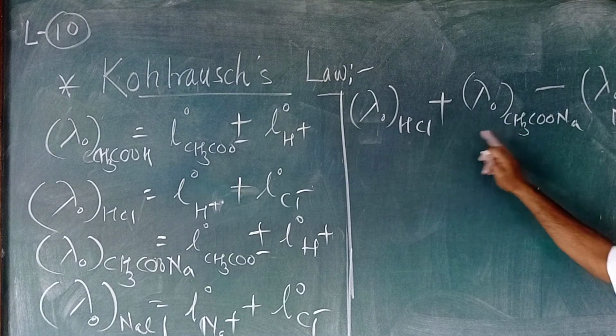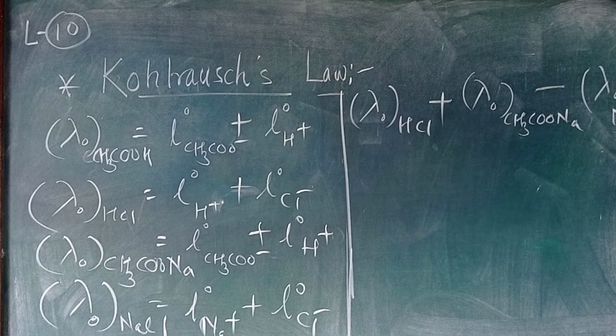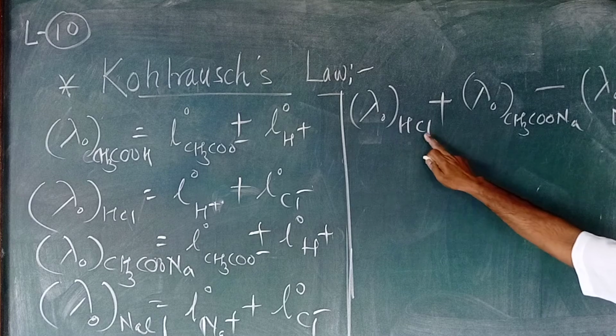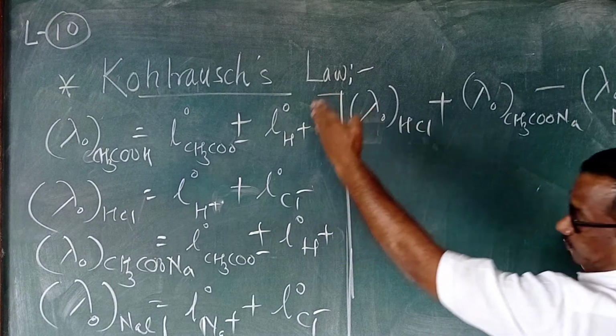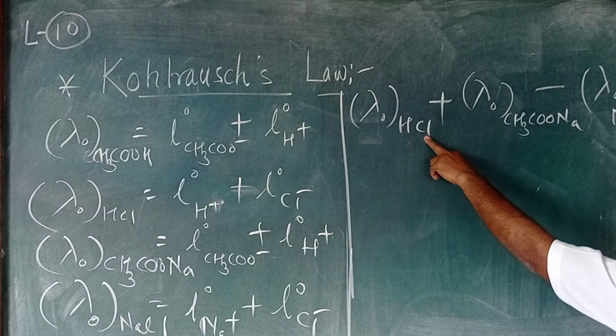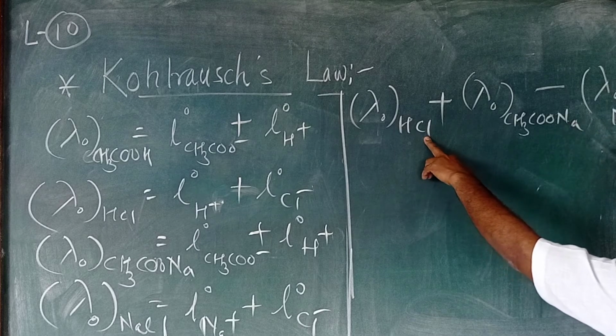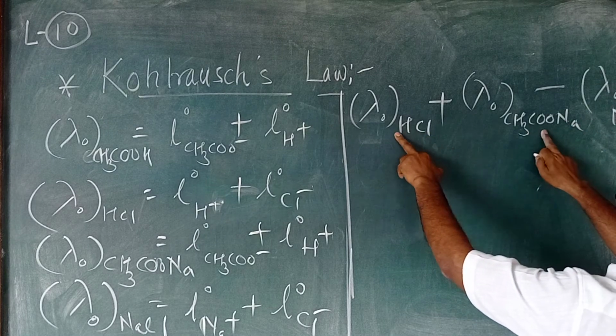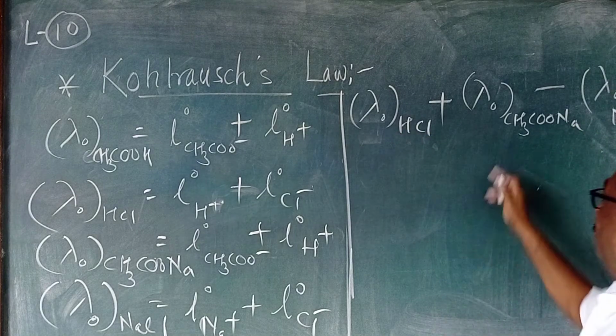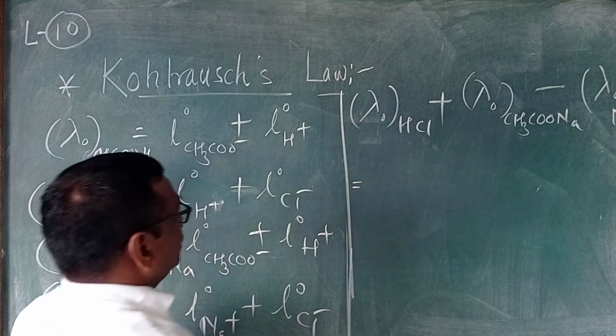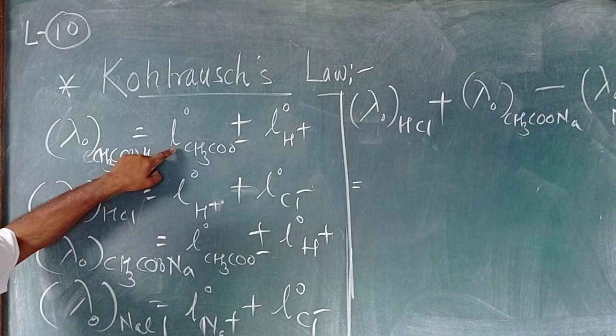If you add these two and subtract NaCl, the Cl minus gets cancelled, the Na gets cancelled, and only CH3COOH remains.